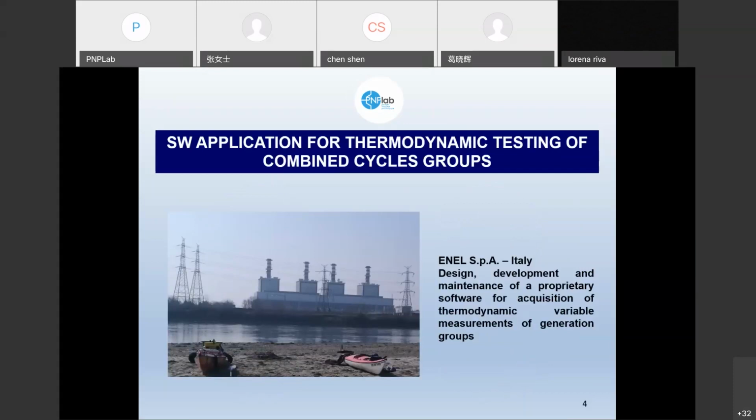PMP Lab has gained huge experience over the years through many collaborations with major Italian and international industrial companies, such as NLSPA, for example, for the design, development, and maintenance of proprietary software for acquisition of thermodynamic variable measurements of generation groups.